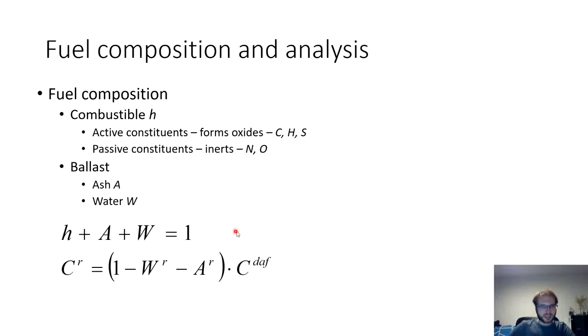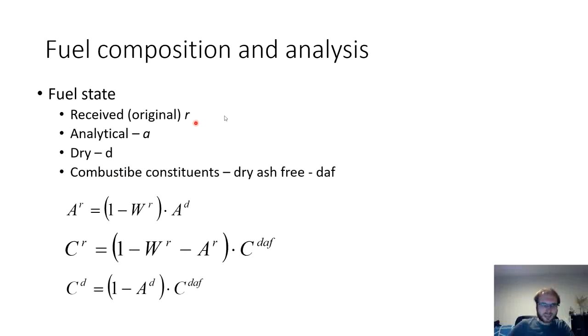Here we have a few simple formulas, where of course all the components together, combustible, ash and water, are one. And now we have another one, which will be more described in the next slide. So we distinguish between different states of the fuel. The so-called original or received state R, which is the fuel as you get it.